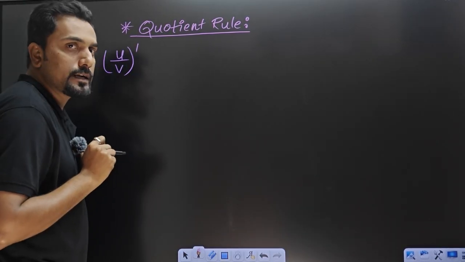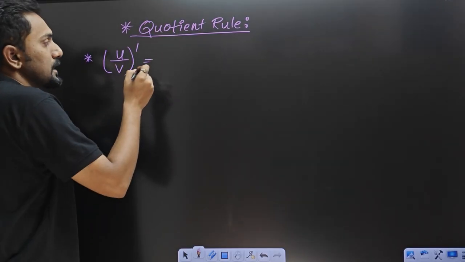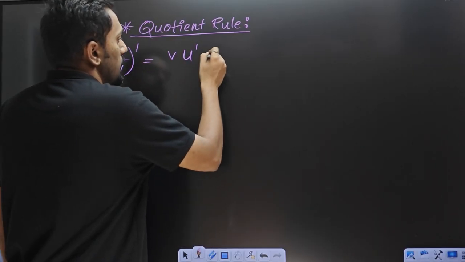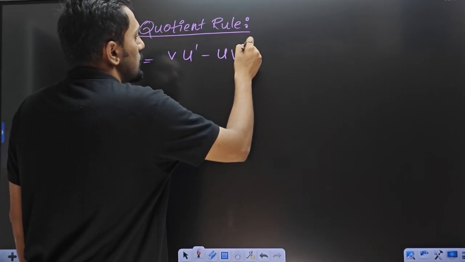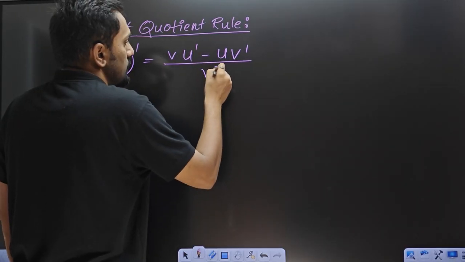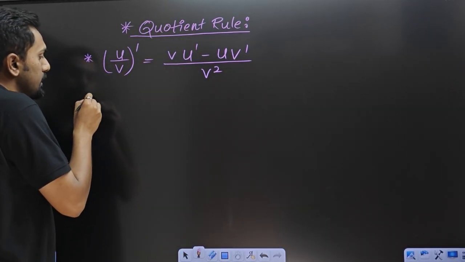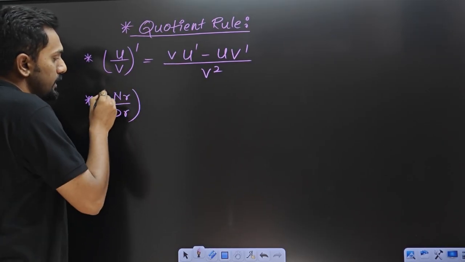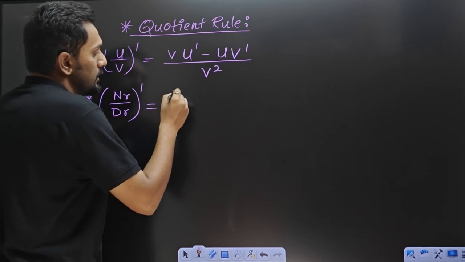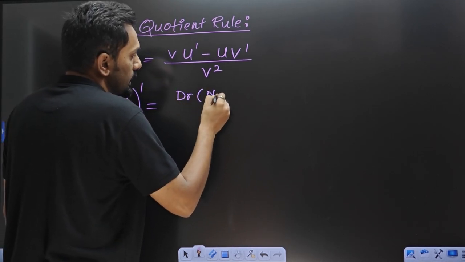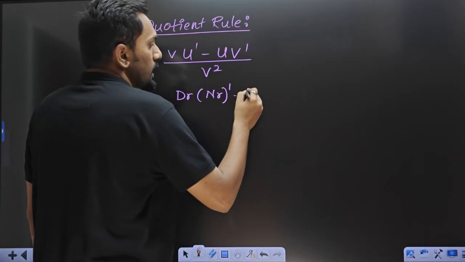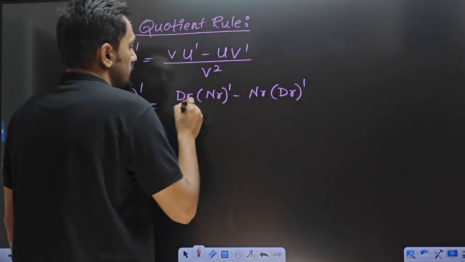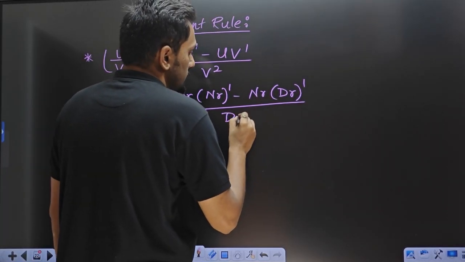If I need to differentiate the quotient of this, we will keep v as it is, find the derivative of u, minus u as it is, find the derivative of v, divided by v square. Or simply, for numerator divided by denominator, we take denominator as it is into derivative of the numerator minus numerator as it is into derivative of the denominator, divided by square of the denominator.